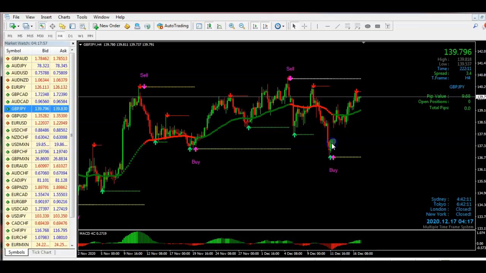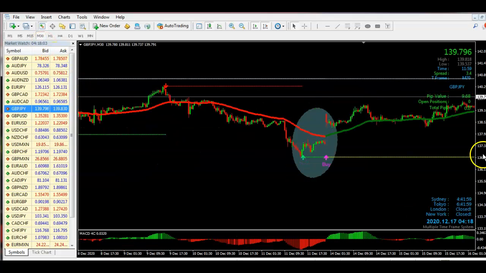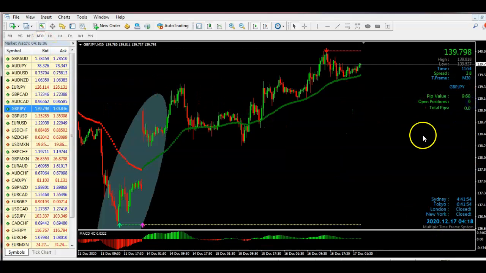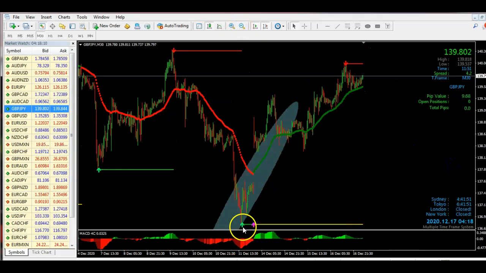And then I'm going to look in the 30-minute. Make it a little smaller. Here, I'm going to put myself a nice trend line. Even if you don't know how to do trend lines correctly, just put it there.